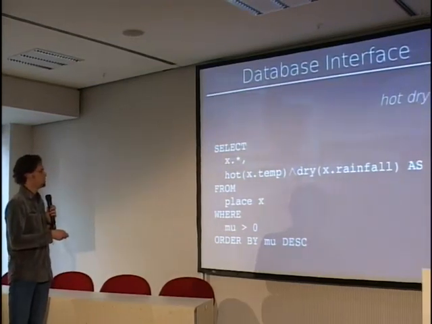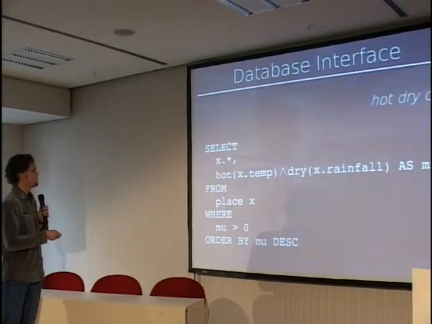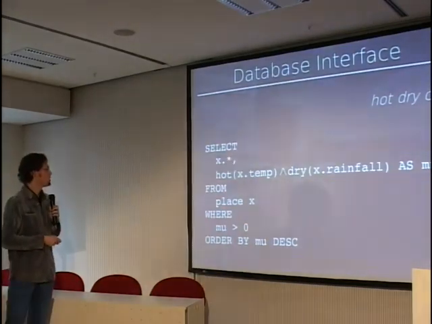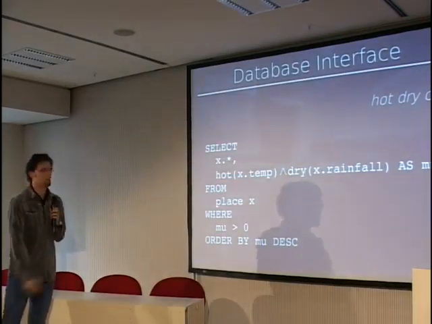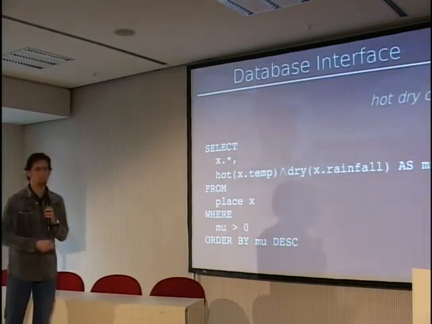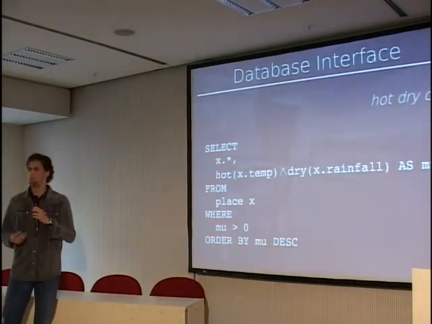So you select an entity x, and that's from the place table, and then x will have a temperature attribute, a rainfall attribute. So you plug the temperature into the characteristic function for hot. You plug the rainfall into the characteristic function for dry. And you say that both of these constraints actually have to be fulfilled.